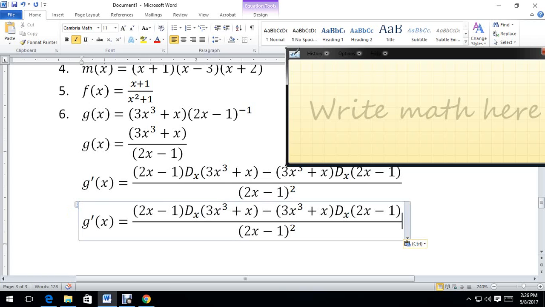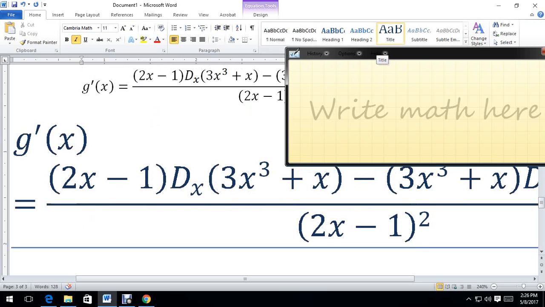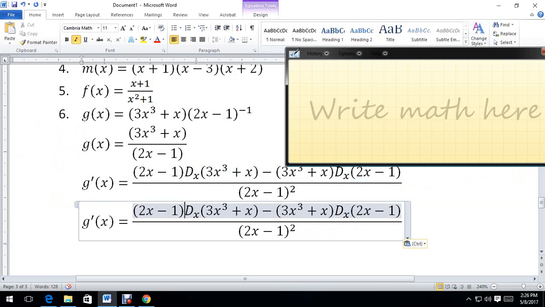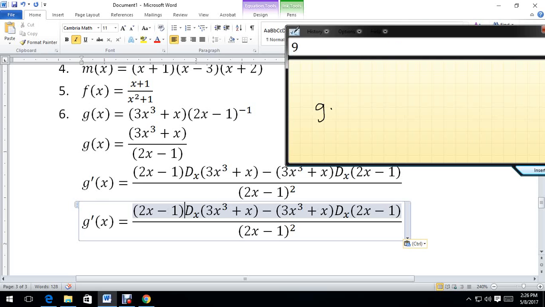So at this part, the derivative of 3x cubed would be 9x squared, plus the derivative of x, which is equal to 1.